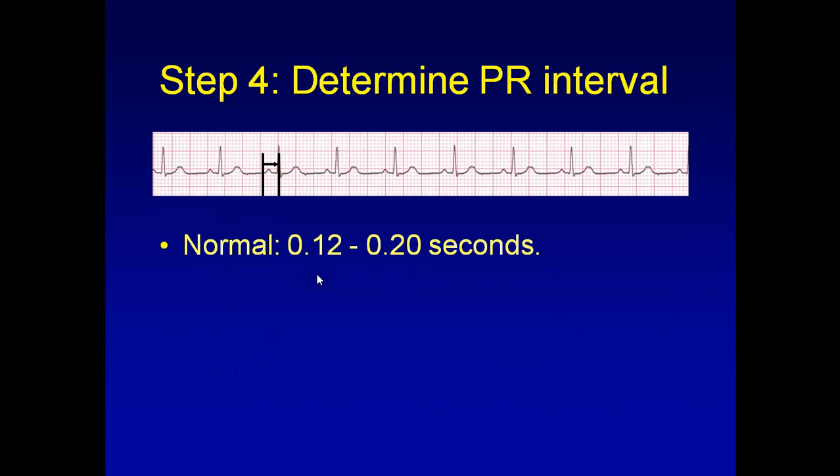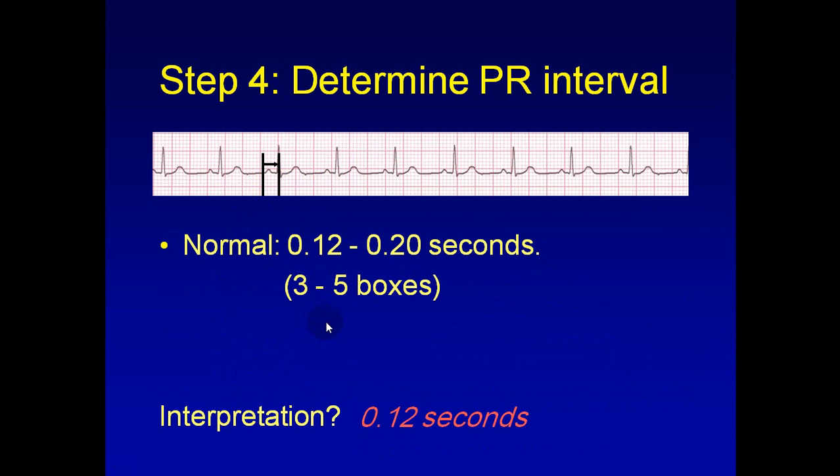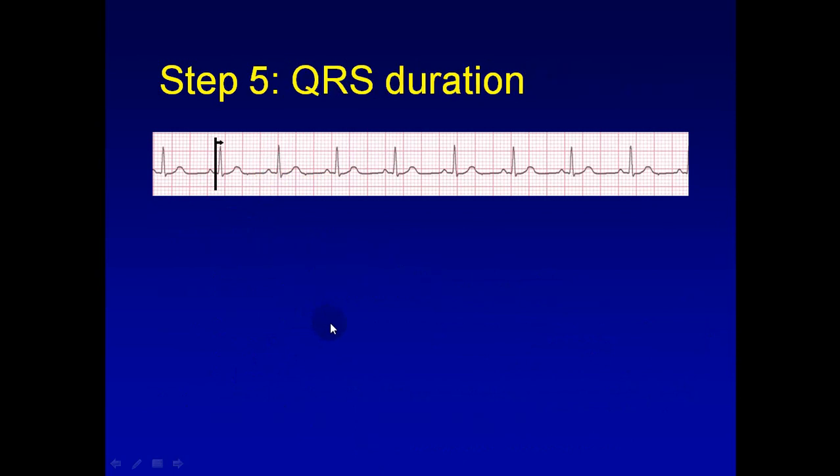We can say 120 to 200 milliseconds. That means 3 small boxes to a maximum of 5 small boxes. Interpretation is the second: this is a normal PR interval.